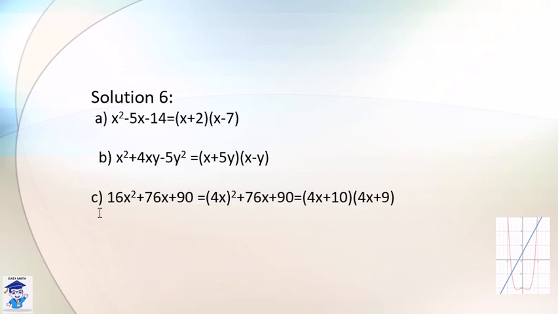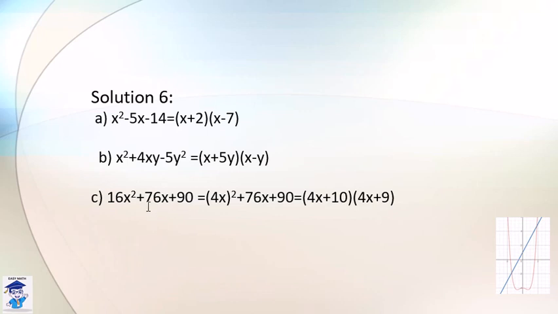Question D is 16x squared plus 76x plus 90. So you know 4 squared is 16, and the last term is 90. So we can make 10 times 9 is 90.